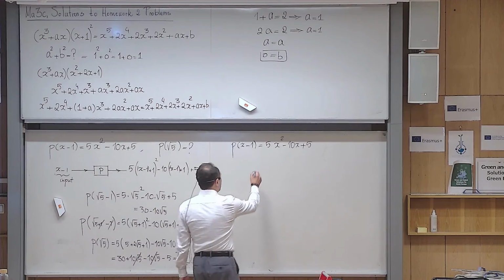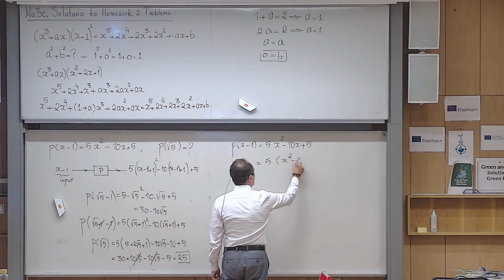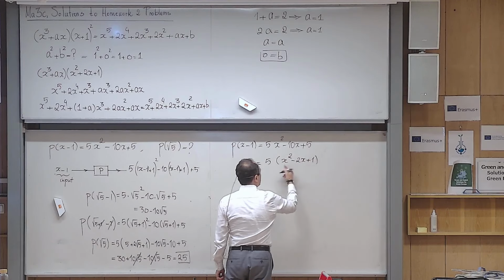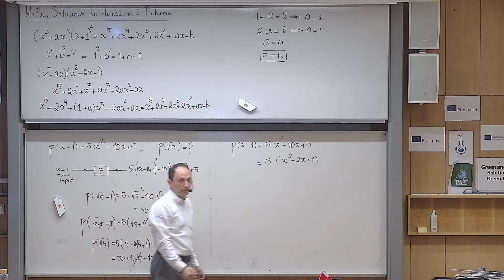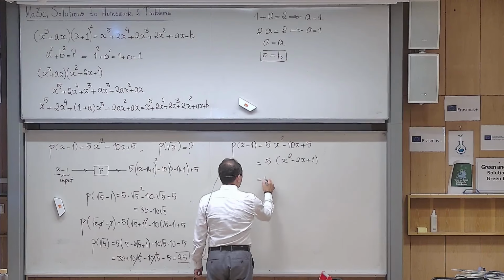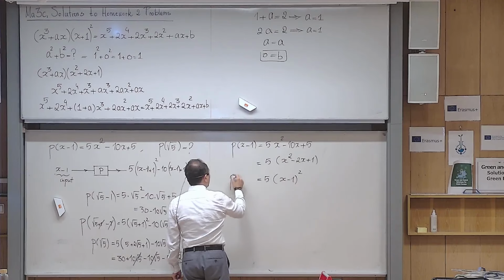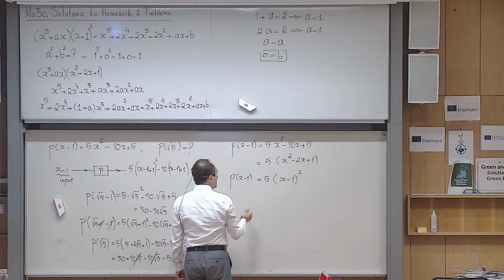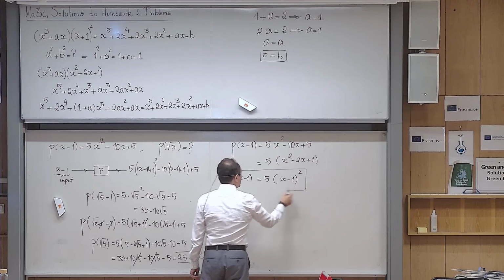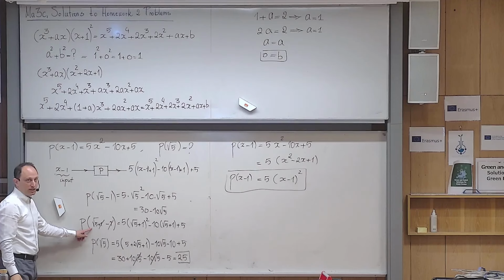So here, I can factor 5 out, and I hope that you are good at detecting this pattern. Can you see that pattern? This is a squaring rule, yeah? So what can I write? I can write 5 times (x minus 1) squared, and this is p of x minus 1. So if you are observant to understand this immediately, then the calculation will be the same. It will be simpler, but the logic will remain the same.